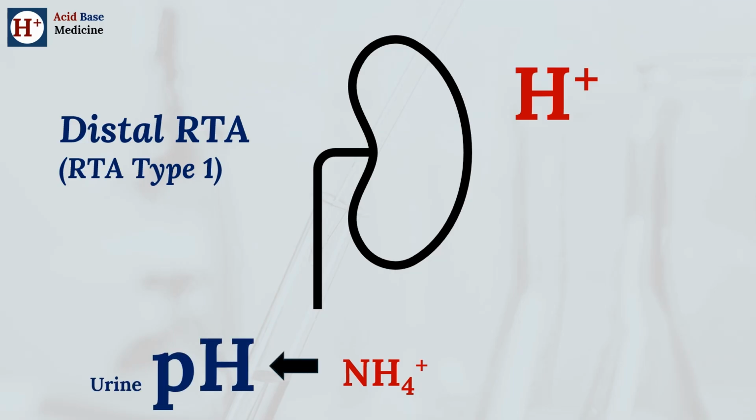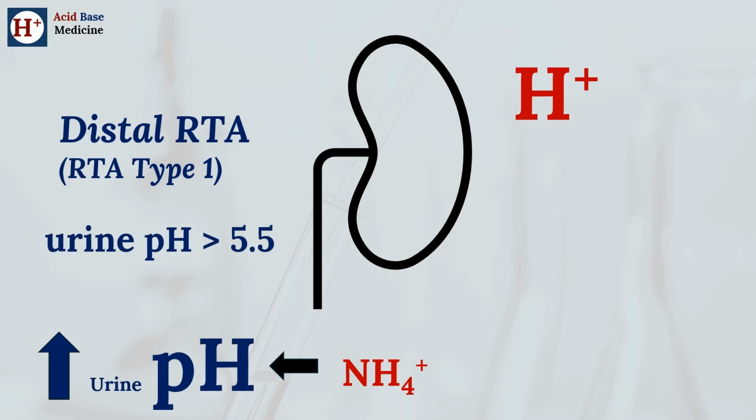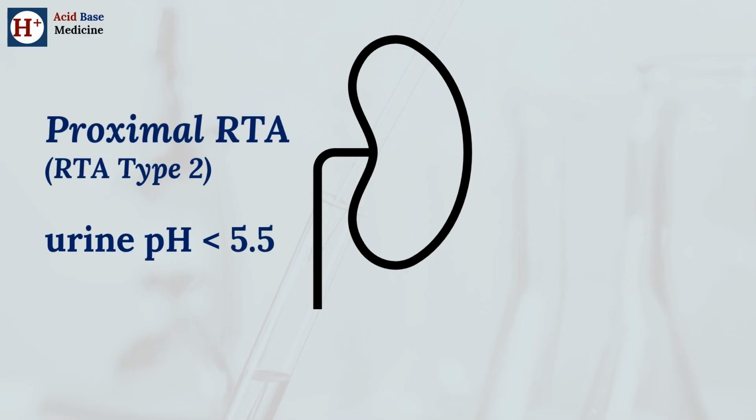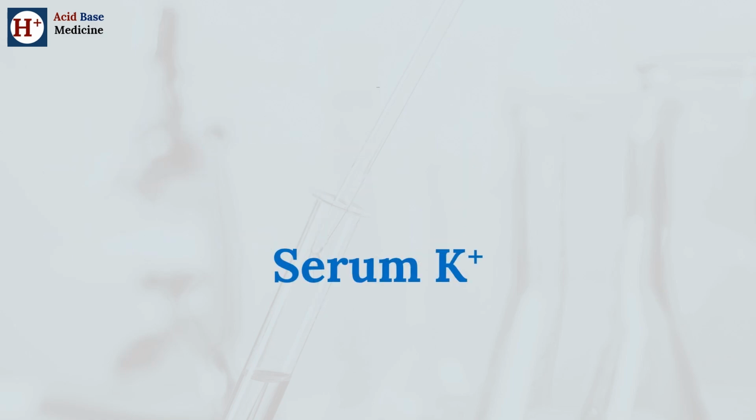So a urine pH greater than 5.5 in the presence of metabolic acidosis suggests distal renal tubular acidosis, whereas a urine pH less than 5.5 suggests proximal renal tubular acidosis, or gastrointestinal bicarbonate loss.